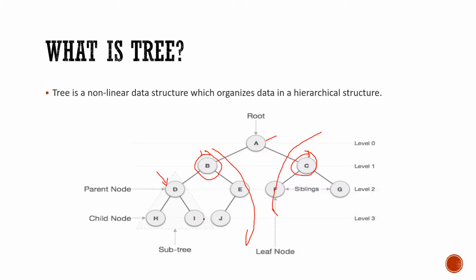And siblings. What are siblings? The left and right child of a common node, that is, a common root or parent node.